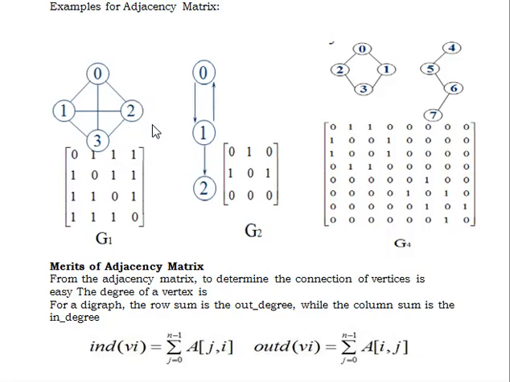From the second vertex, it can visit the zeroth vertex, the first vertex and the third vertex. So 2 comma 0, 2 comma 1 and 2 comma 3.